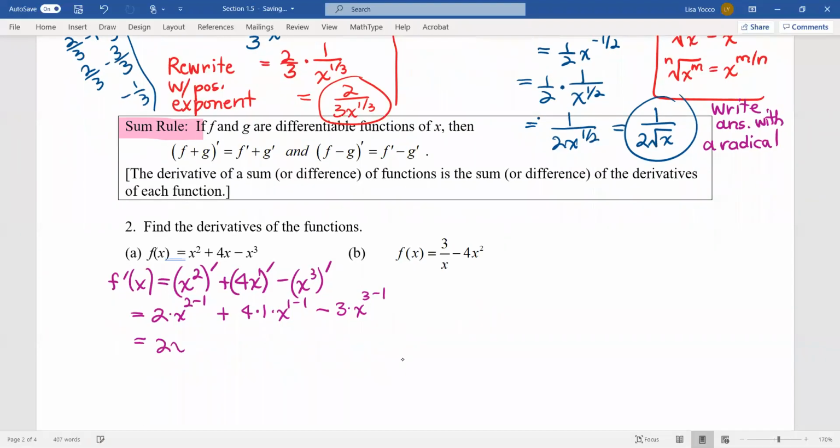That's 2x to the 1 plus 4x to the 0 minus 3x squared. X to the first power is just x. Remember, x to the 0 is 1. So we have 4 times 1, which is just 4. And that's the derivative.